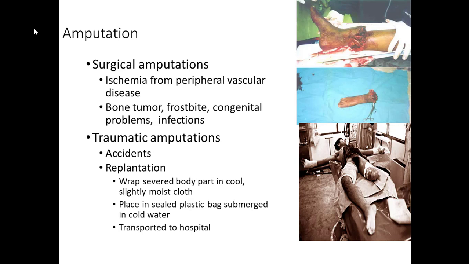All right, amputations. There's surgical amputations and there are traumatic amputations. Surgical amputations are very common. People who have peripheral vascular disease can actually have a below the knee amputation or above the knee amputation or even toes amputated, especially with diabetes.